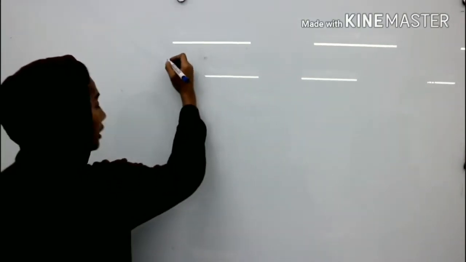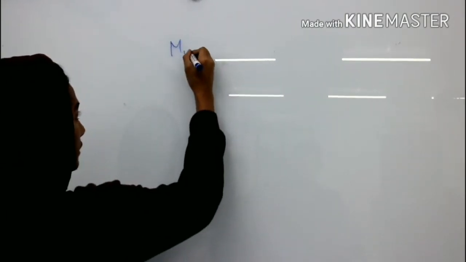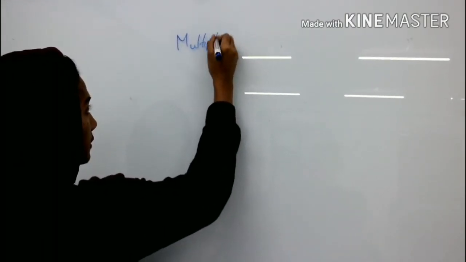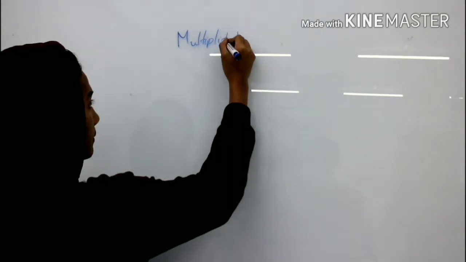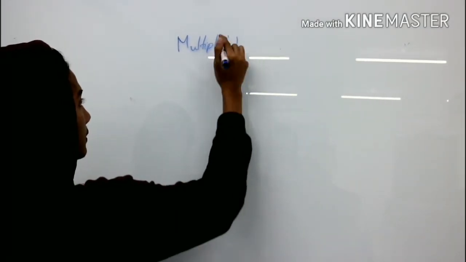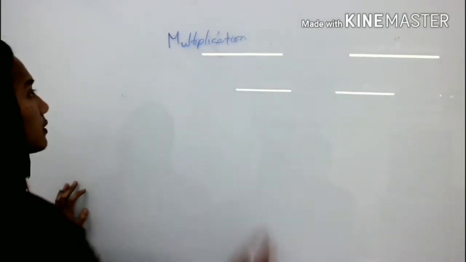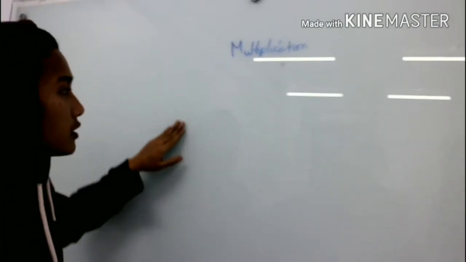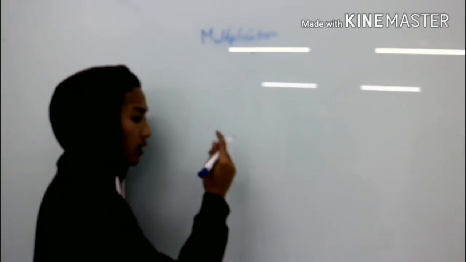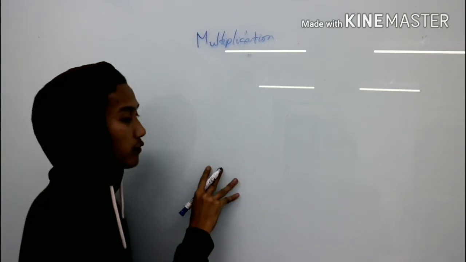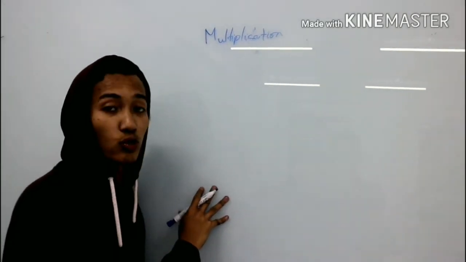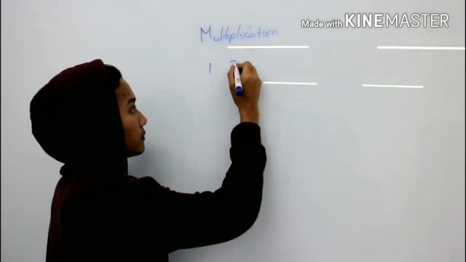Now it's matrix multiplication. Okay, for this matrix multiplication, I will make an example of two matrices of 2 times 2, 2 rows and 2 columns.